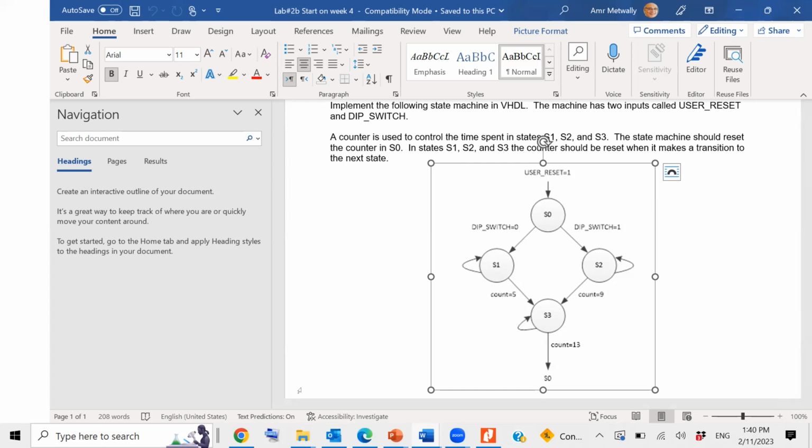So I can start counting when I'm at S3, 1, 2, up to 13. Then I move to S0, where the counter is again reset to 0.